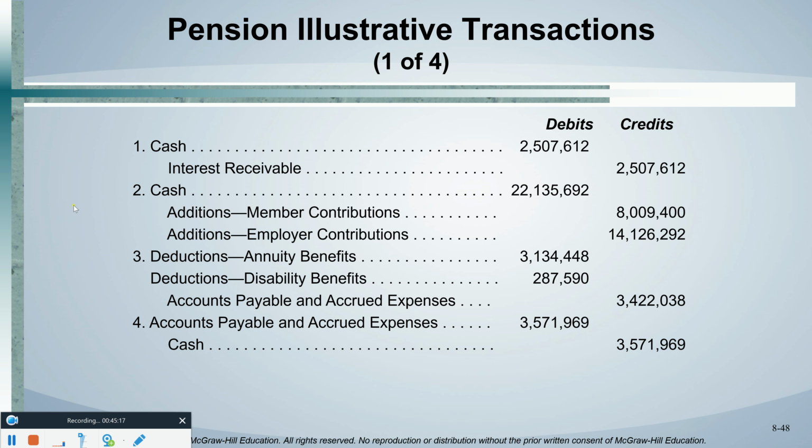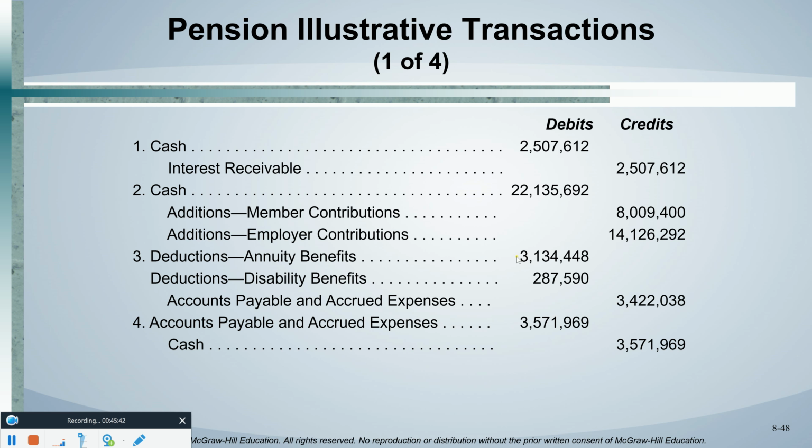Now a new payroll comes along, and so the pension plan is going to receive contributions from the employer and contributions from the employees, also known as members. Debit cash, credit the additions. Now number 3, so now the pension plan is going to get a deduction. So some employees are now retiring, and they want to take these benefits out of the pension plan.